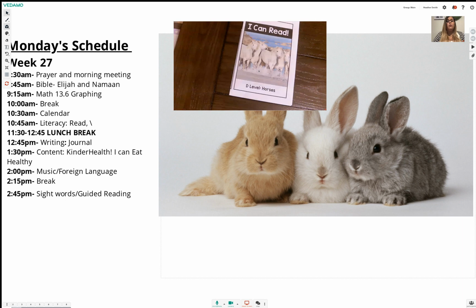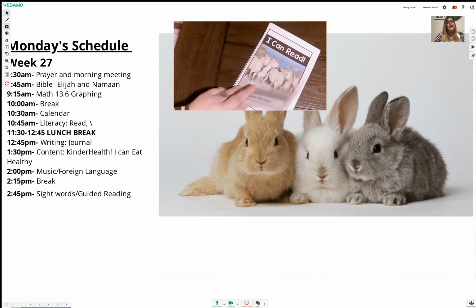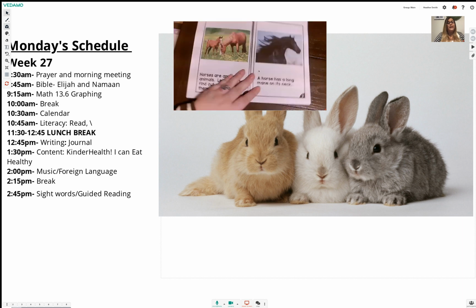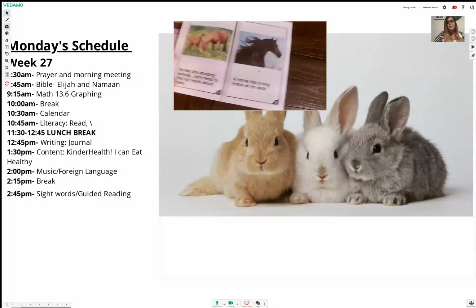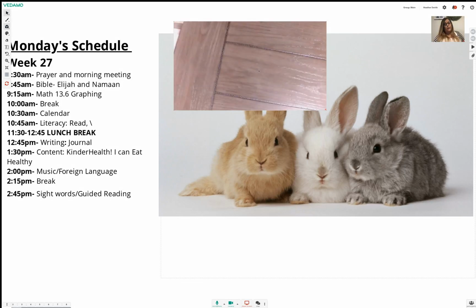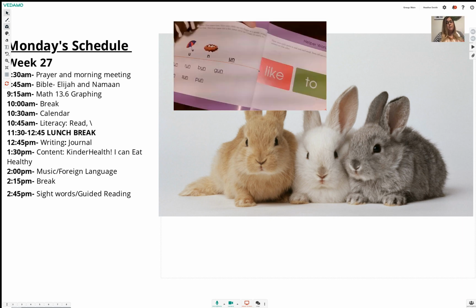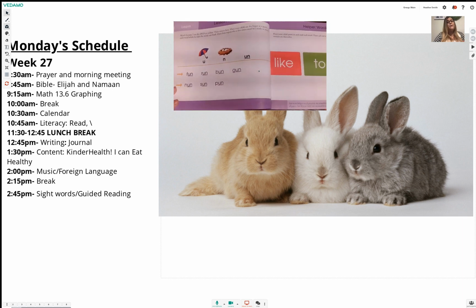We are going to continue reading Horses, a level D book, because they are not all at level D yet. So we're going to continue practicing this book this week, and it'll be the last week of the Horses book. And then our sight words for this week are fun, run, bun, gun, none, sun, pun.